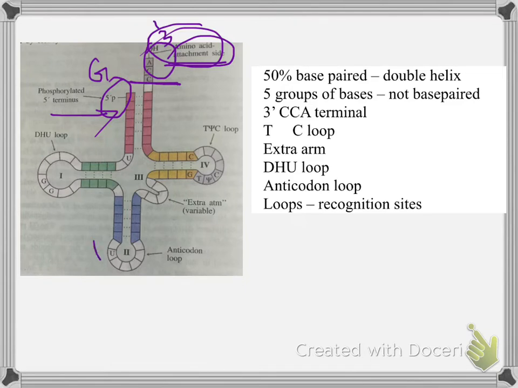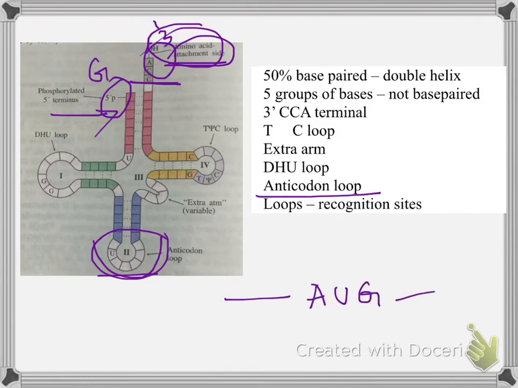The lowermost arm or loop is known as the anticodon loop because it contains the anticodon. Consider an mRNA which contains the codon AUG.